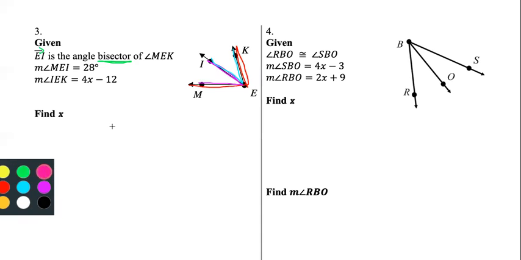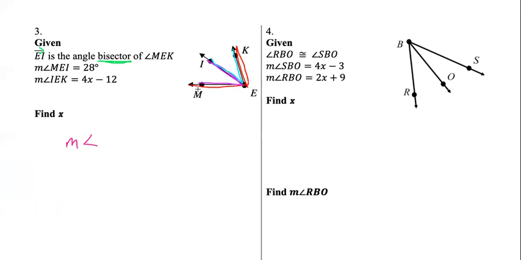So let's write that down. This first angle, the purple one, we name it correctly, that's going to be angle MEI. Make sure you do that the right way. Angle MEI. And this little M, that just means the measure of.